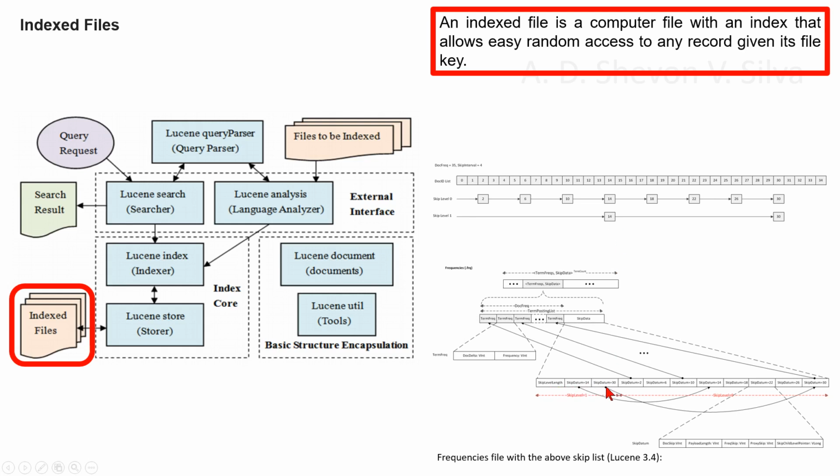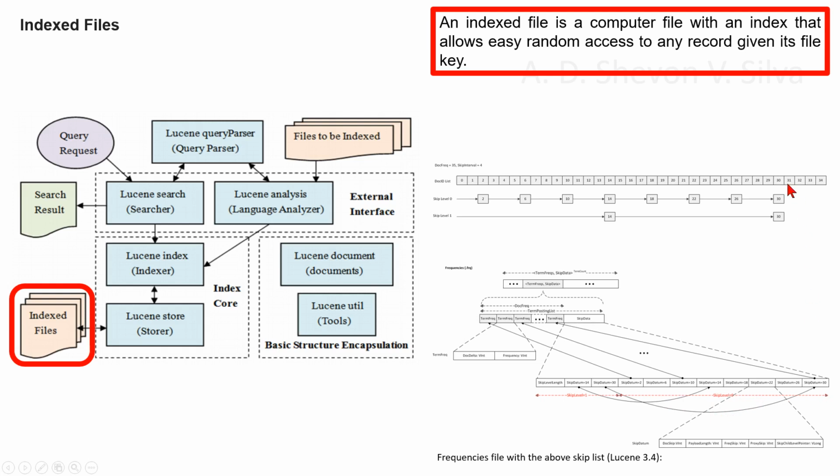Here the mappings, and skip datum 2 here, and here is skip level 1, and here skip level 2.